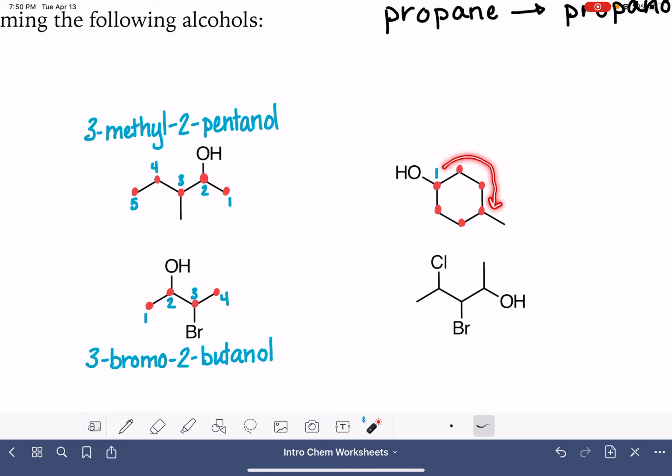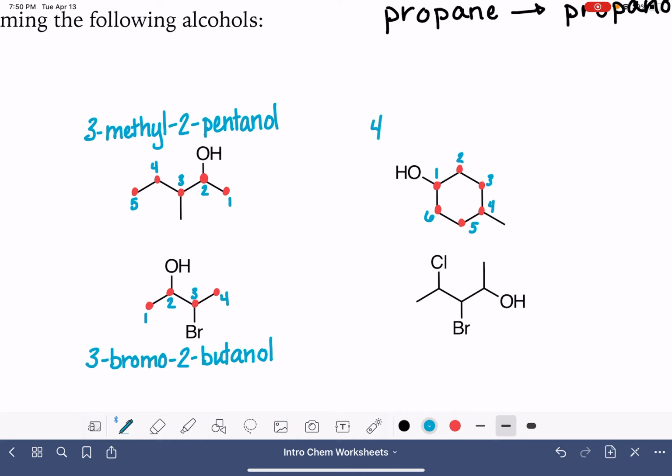So if we go this way, our substituent is going to be on carbon number 4. If we go this way, our substituent is going to be also on carbon number 4. In a situation like this, it just means that it doesn't matter which way we go. No matter which way we go, that substituent will be on 4.